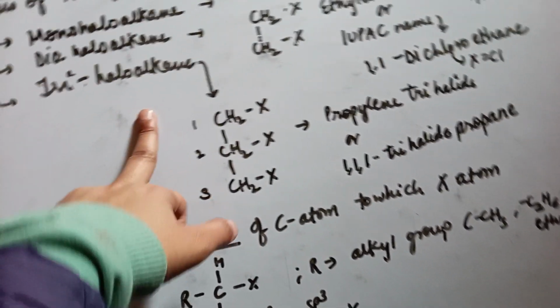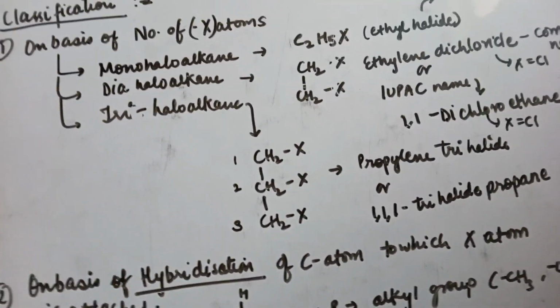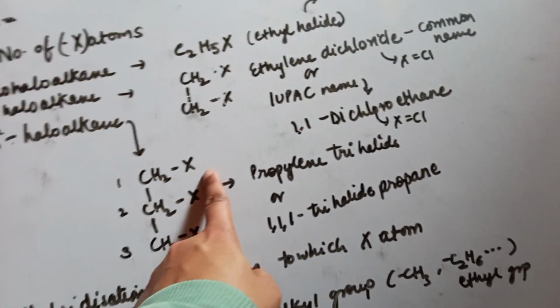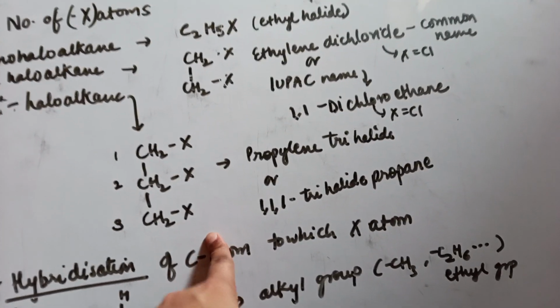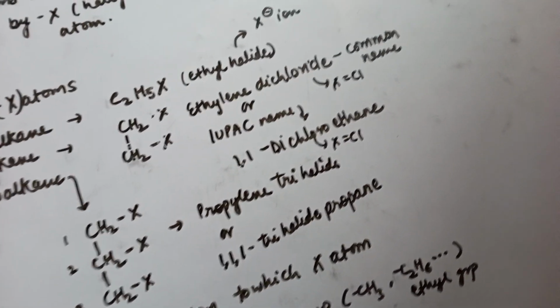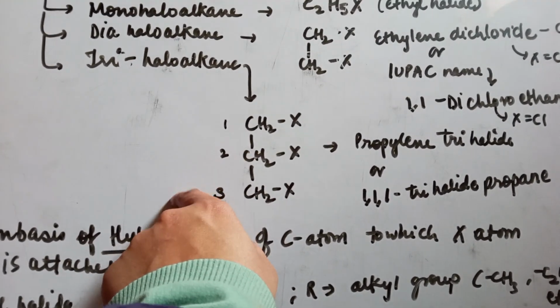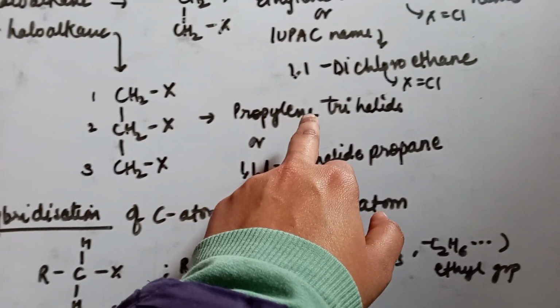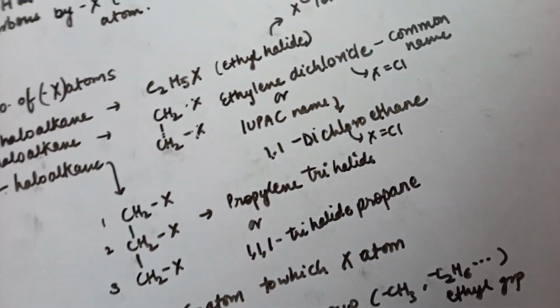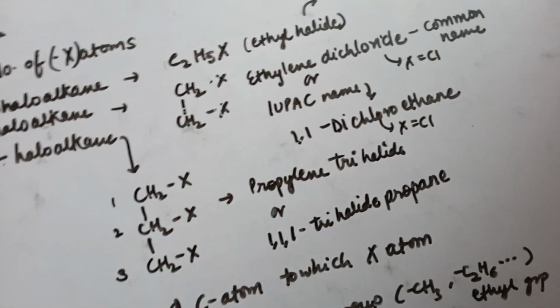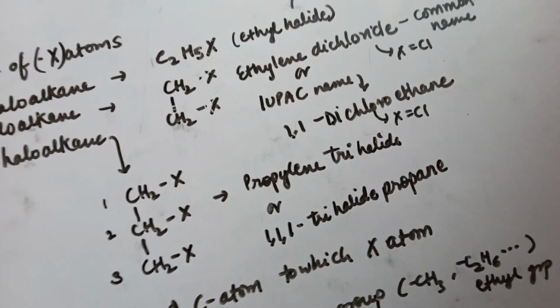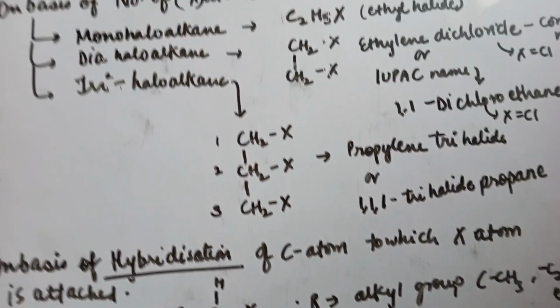Similarly, we could also see trihaloalkanes. In this we have three halogen atoms attached to carbon atoms. Here, if we consider these three carbon atoms as an alkane, that is propane.